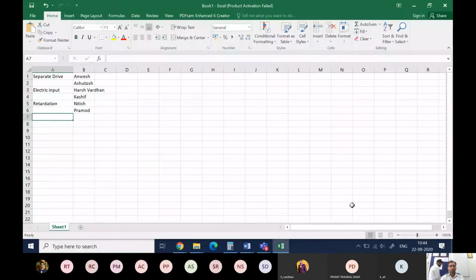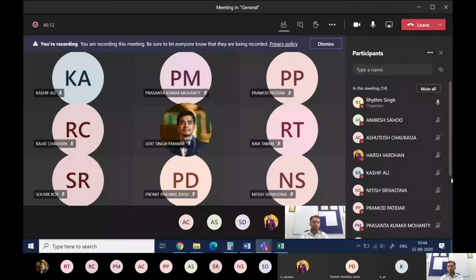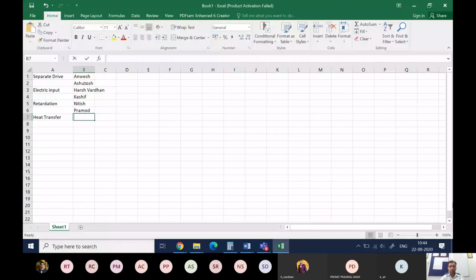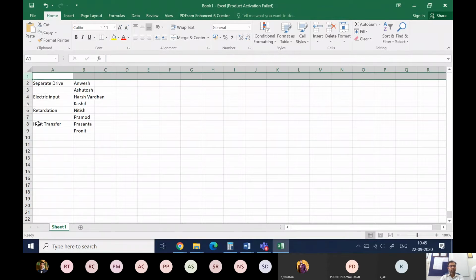The heat transfer method for efficiency will go to Prashant and Pranit. These are the 4 efficiency testing methods.